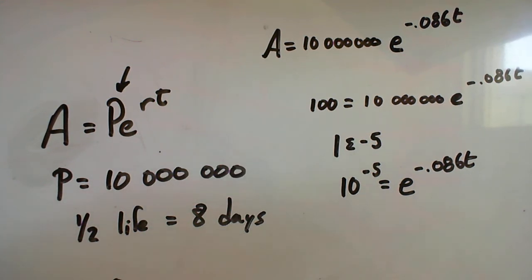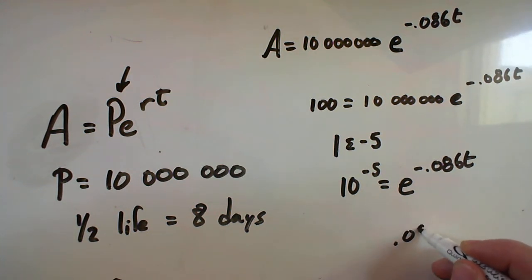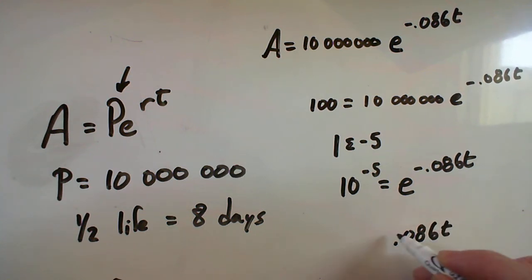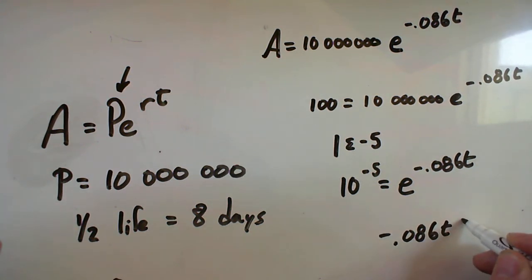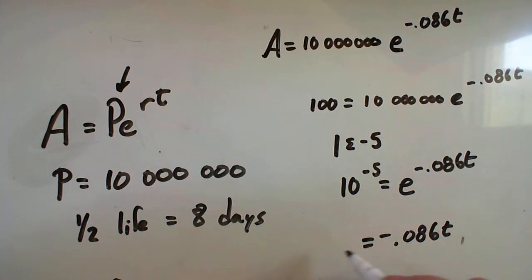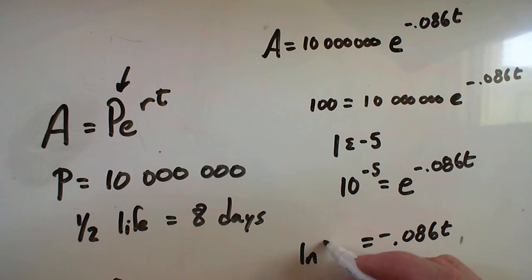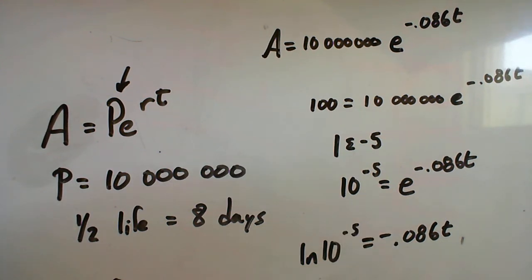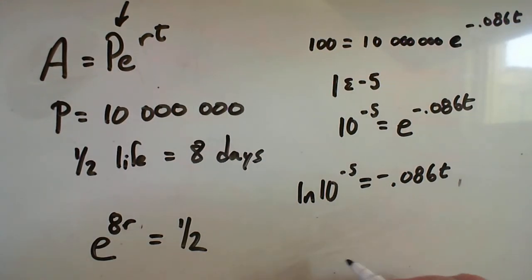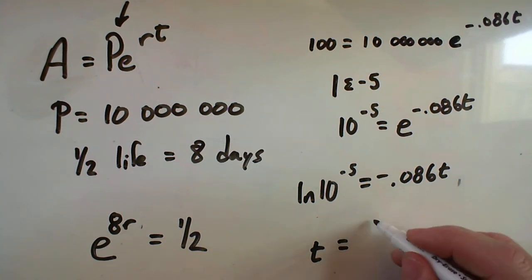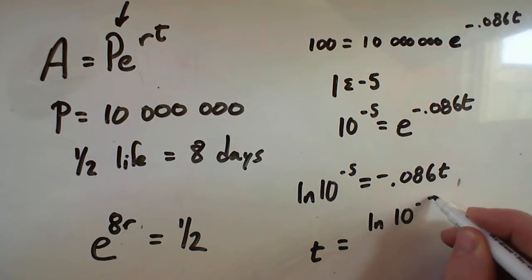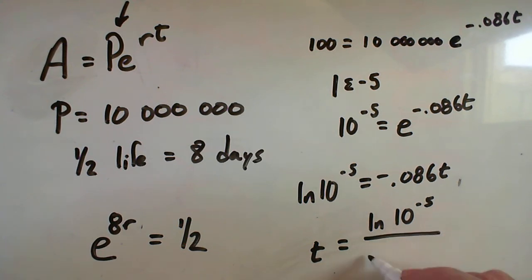We change our form, this time using the natural logarithm, we get that negative 0.086 t equals the natural log of 10 to the negative 5th power. So t equals the natural log of 10 to the negative 5th divided by negative 0.086.